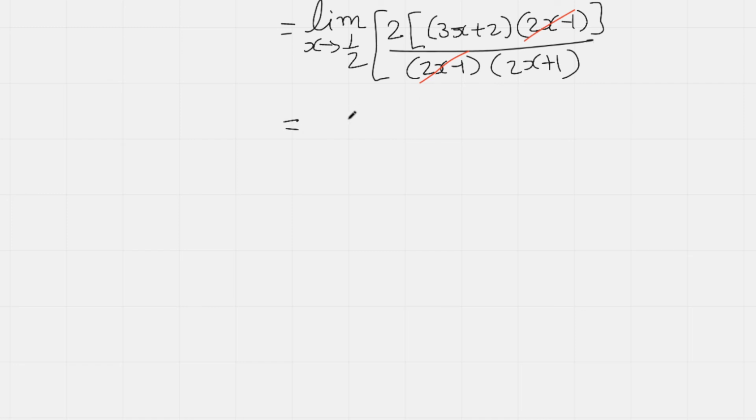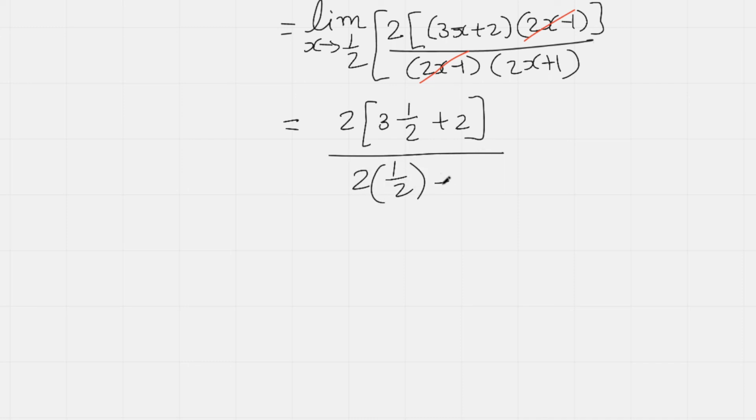So we will have 2 inside the bracket, 3 times 1 over 2 plus 2, whole divided by 2 into 1 over 2 plus 1. So this will be equal to, let us multiply this 2 inside this bracket in the numerator. So 2 times 3 into 1 over 2, 2 and 2 get cancelled.